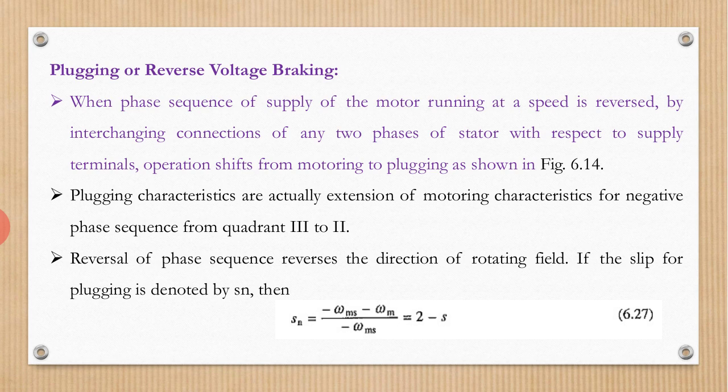The characteristics are given for a negative phase sequence, from quadrant third to second. Reversal of phase sequence reverses the direction of the rotating field. If the slip for plugging is denoted by Sn, then we get 2 minus S.